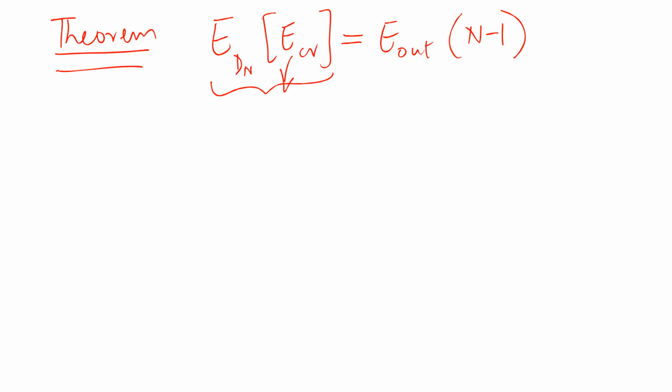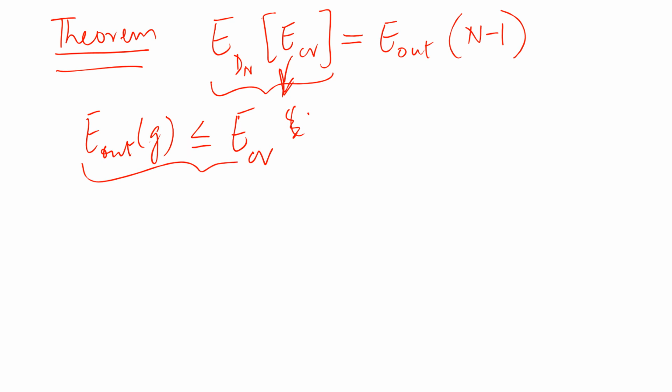Okay, so what is the relationship between this ECV and E out in general? After having learned with n points, typically we can say that this E out of G is less than or equal to ECV that we calculated with the average of all the points. Okay, so how reliable is this ECV? How good or how wild can it go, by the way? Can we elaborate a little bit on this relationship? Well, yeah, we can.